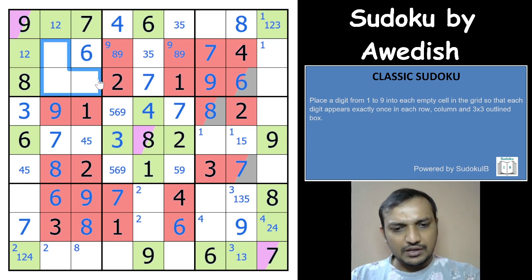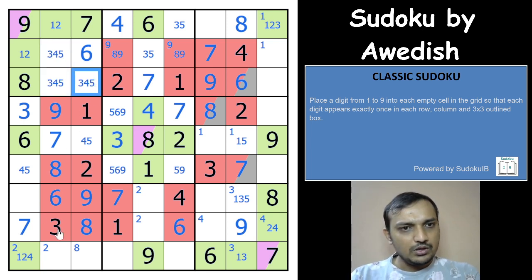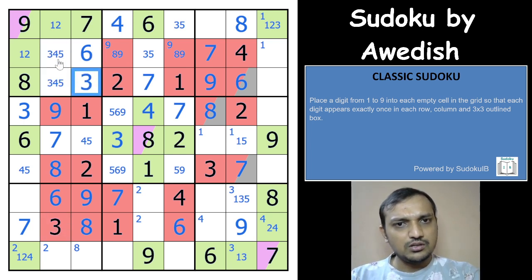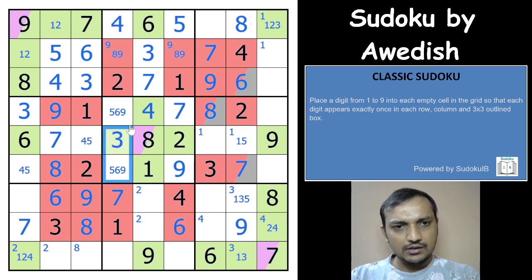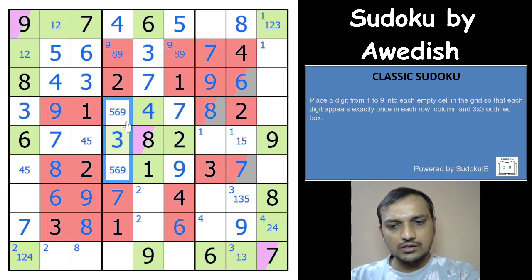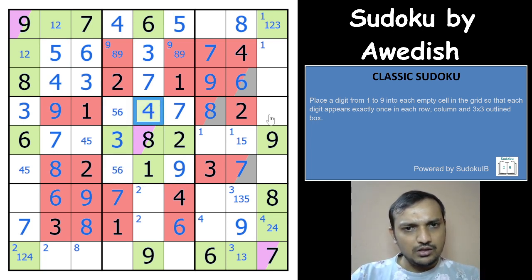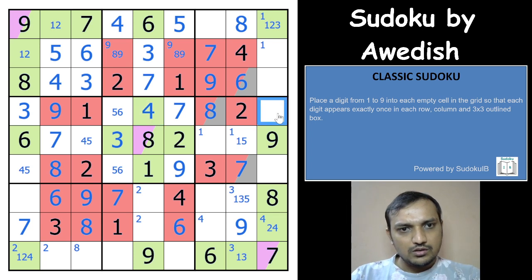3, 4 and 5 again. This 3 gives you a 3 here. This 4 gives you a 5 and a 4 here. That gives you 3 and a 5 here. 9. Okay, yeah.